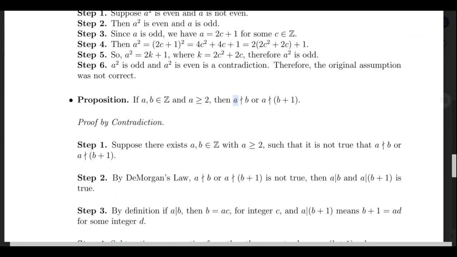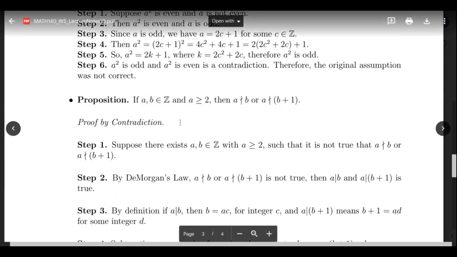Q is either A is not a factor of B or A is not a factor of B plus 1. Whenever you see A does not divide B plus 1, that means A is not a factor of B plus 1.